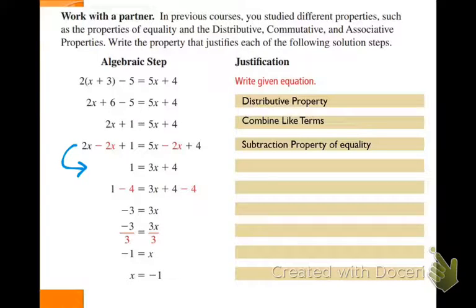I can't fix it. It just is what it is. So this next one, we go from 2x minus 2x to nothing. We go from 5x minus 2x to 3x. So what are we going to call that? Combining like terms again. So that's all we did was combine.